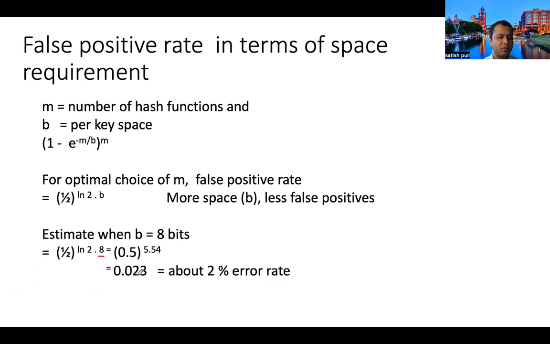In percentage, you multiply by 100, so you get about 2% false positive rate, and that's the error rate. More space b, less false positives. Multiplying half many times makes this whole thing smaller. So more space b, less false positives.